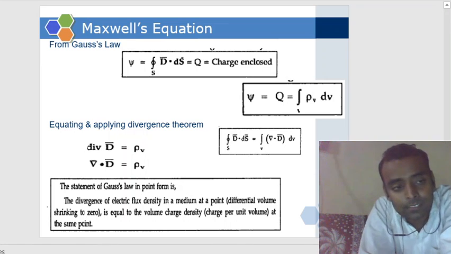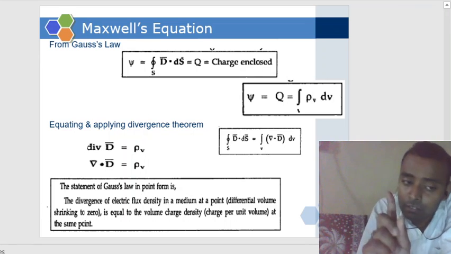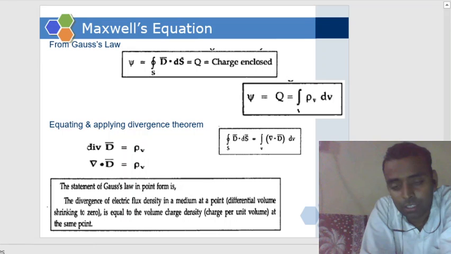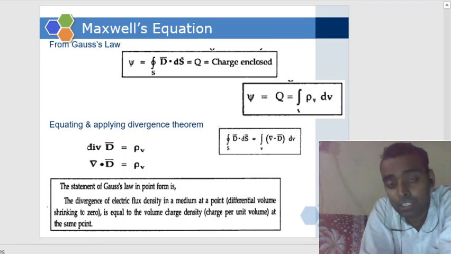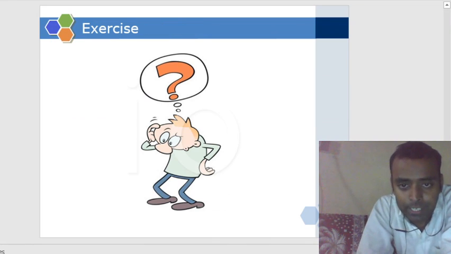Next, the divergence theorem, which relates double and triple integrals, that means surface and volume integrals. Then the point form of Gauss law, that is Maxwell's first equation, which says that del dot D is equal to rho v. So this is what we had seen today.